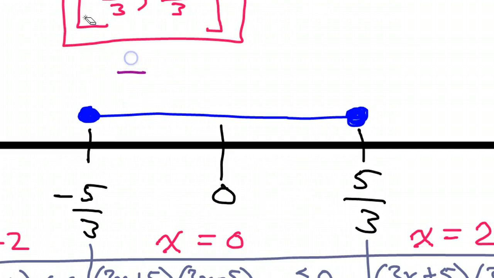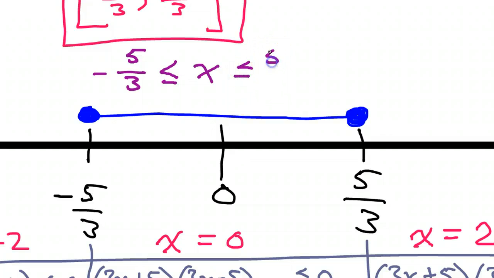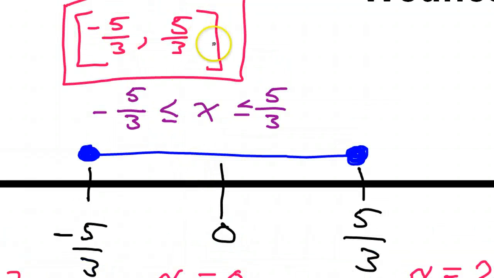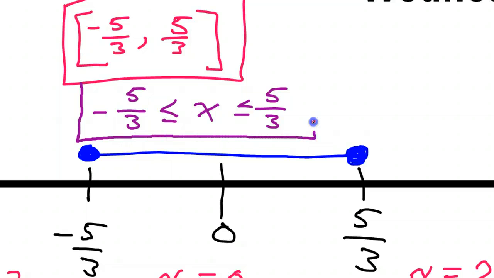Negative 5 over 3 is less than or equal to x, which is less than or equal to positive 5 over 3. This means exactly the same thing as my interval. It means all the values between negative 5 over 3 and positive 5 over 3, and the equal to part means including the endpoints. That's how you would write the solution as an inequality.